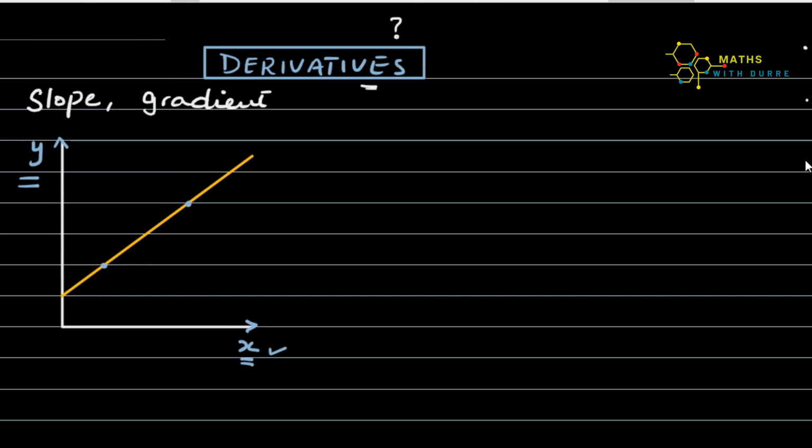Now I will find the distance from this point to this point. It's a change in x. You can say it's a horizontal change, because it's moving along the x-axis. So it is a change in x.